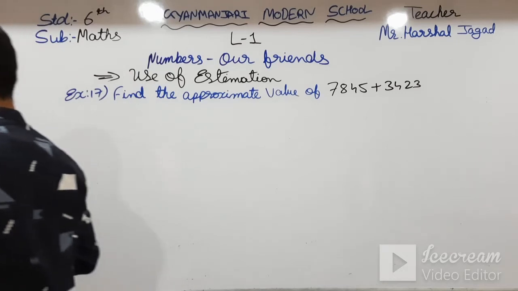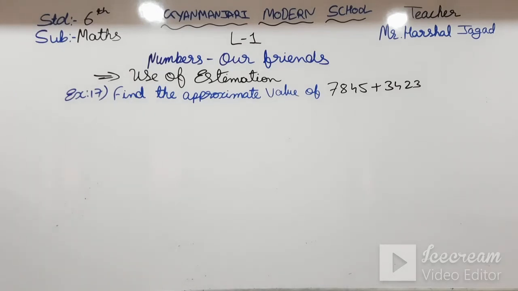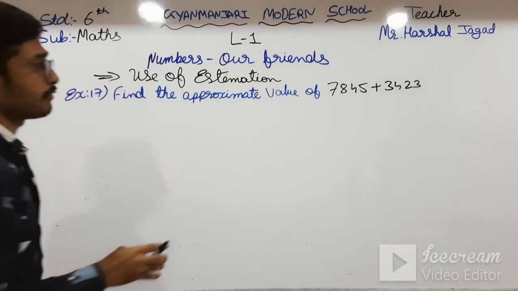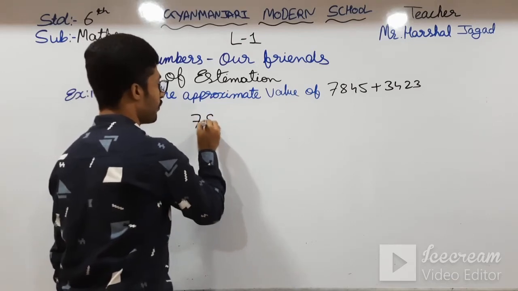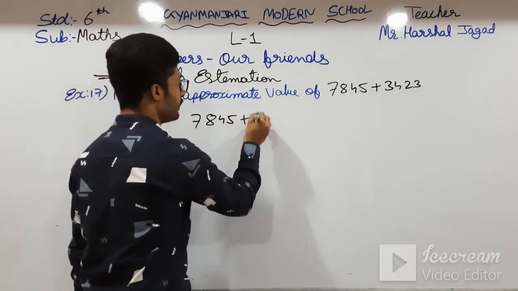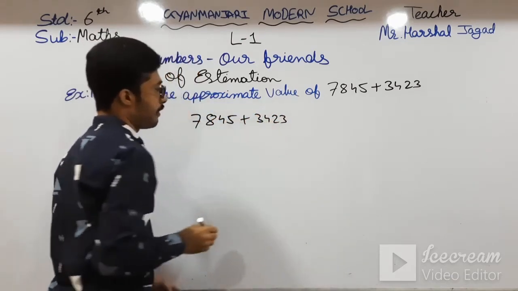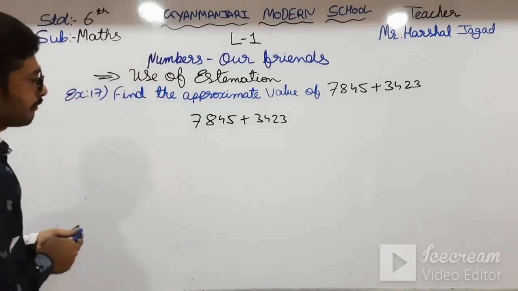So we have to calculate this by the approximate value. First of all, what do we have to do? We have to round off all the values. First of all, do it by yourself.